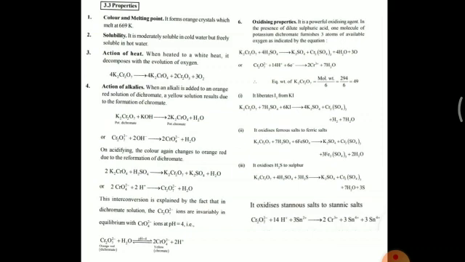So in presence of acid, potassium dichromate reacts with acid to give potassium sulfate, chromic sulfate, water, and providing 3 atoms of nascent oxygen which are required for oxidation.